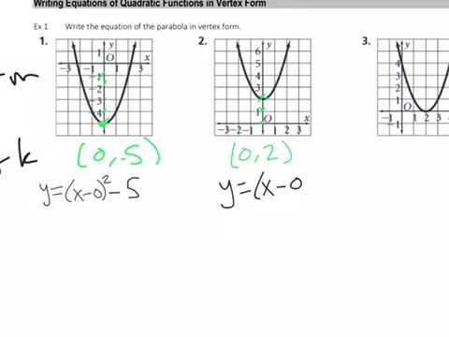Again, leaving it as a minus because that is the base format of vertex form, and because 0 is interchangeable in terms of opposites, I'm going to leave it as minus 0 squared. And this one's going to be a positive 2, so I'm going to put plus 2 as my k value for the end of that equation.